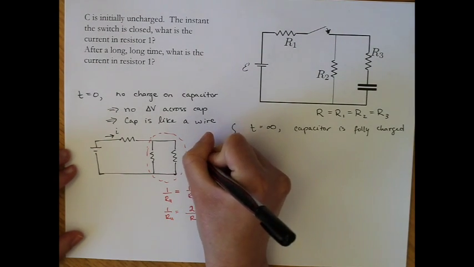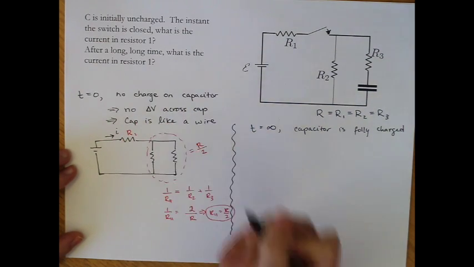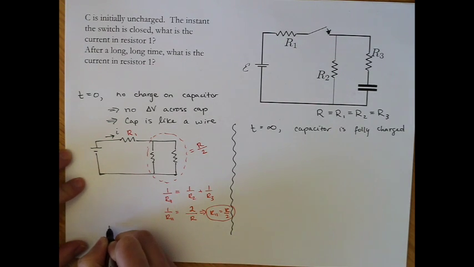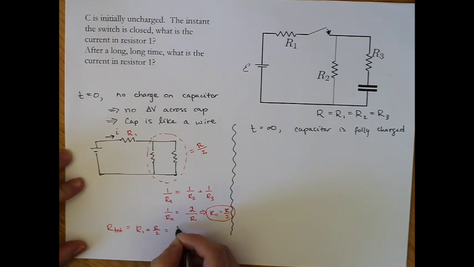So now this resistor has resistance R over 2, and it's now in series with R1. So that means the total resistance is R1 plus R over 2, which is 3R over 2.